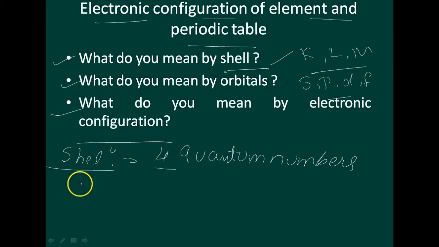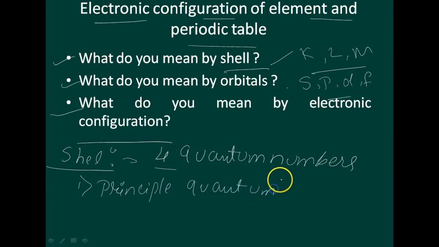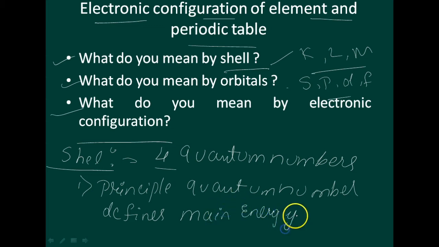In the four quantum numbers, the first one, that is the principal quantum number, defines the main energy level, which is known as shell.